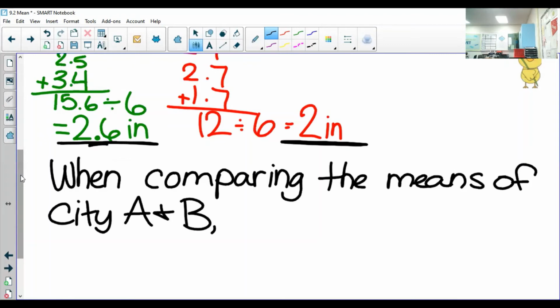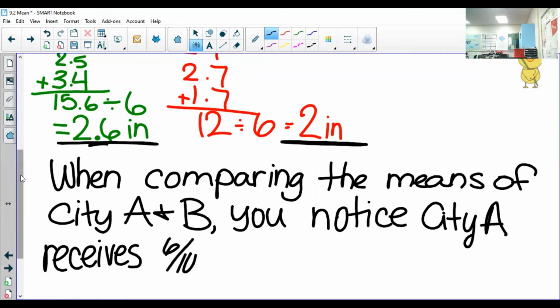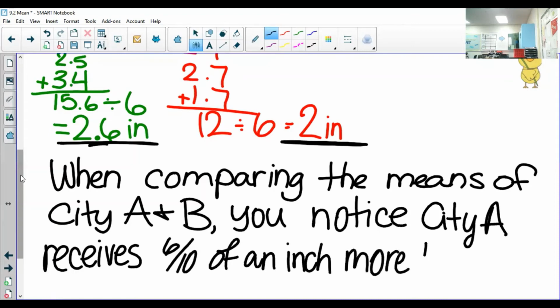Okay, so when we compare these, when comparing the means of city A and B, you notice city A receives 6/10 of an inch more than city B. There you go.